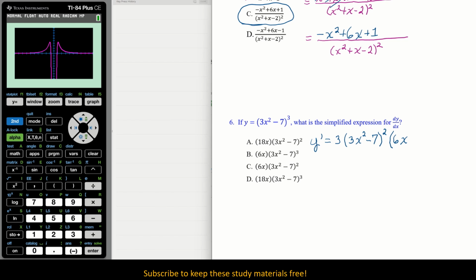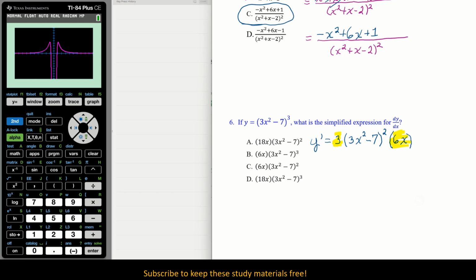So it just becomes 6x. Right now, we can multiply some things together. The 3 and the 6x can be put together. So we can multiply 3 times 6. That would be 18.